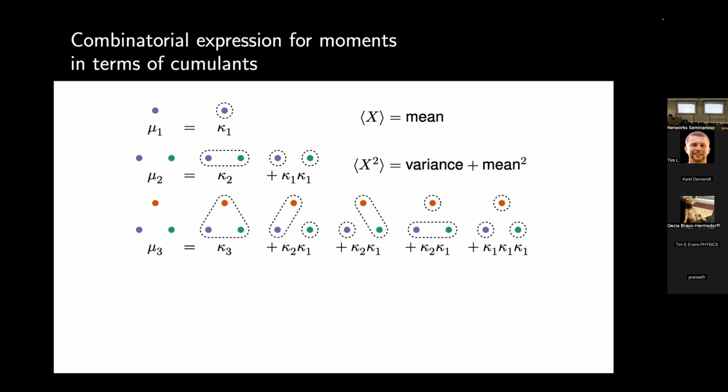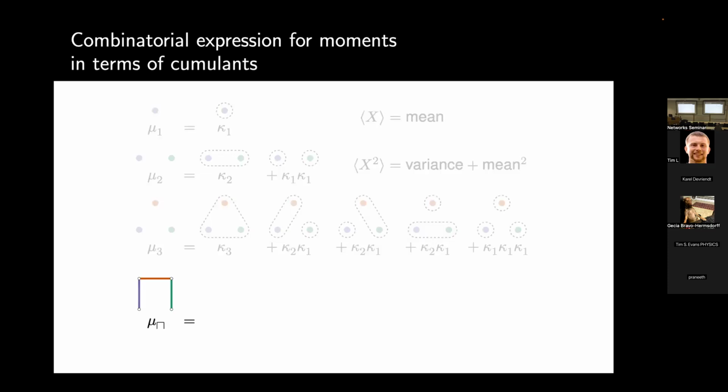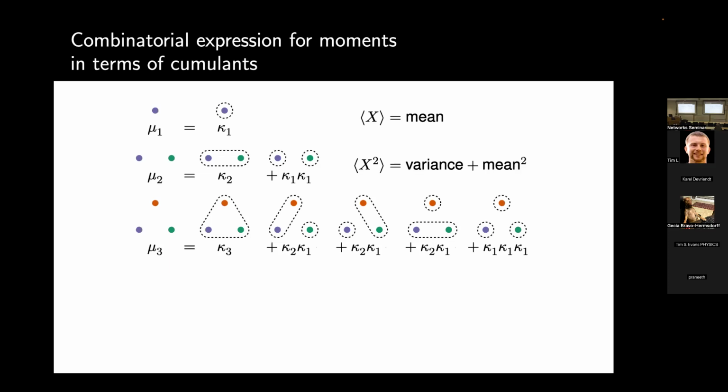And you can see that you can invert this formula. I'm giving moments as a function of cumulants, but really you can just invert it. This is just the nicer direction. Okay, so does this make sense?